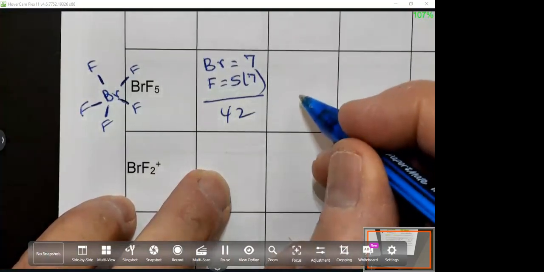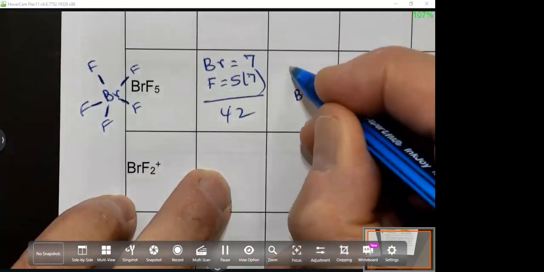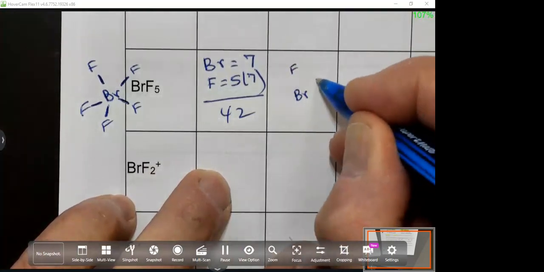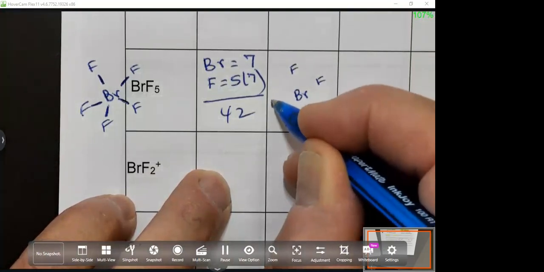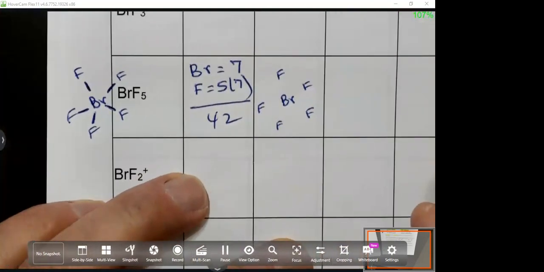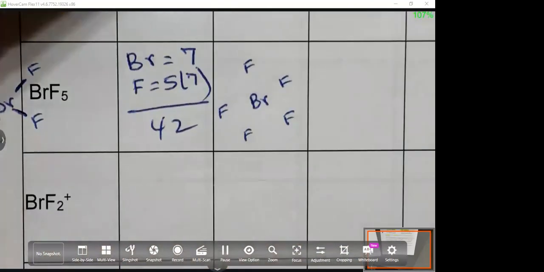Let's put our Br in the middle. Let's space out our F, F, F, F, F. I've got 5, so I kind of space those out.